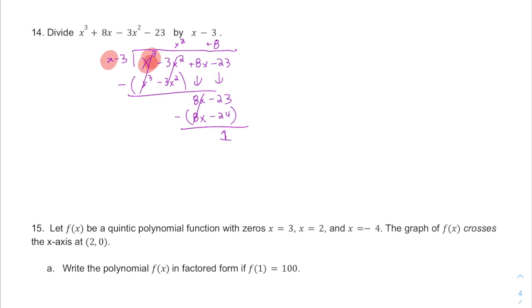Okay, so a couple options that we can say here is that our quotient is equivalent to x squared plus 8 with a remainder of 1. We can also write this as x squared plus 8 plus 1 over x minus 3. Okay, and we know that when that is multiplied by x minus 3, we end up back with our original polynomial.